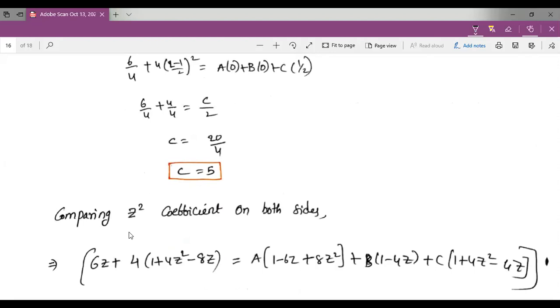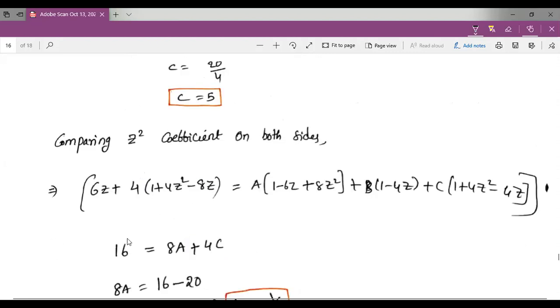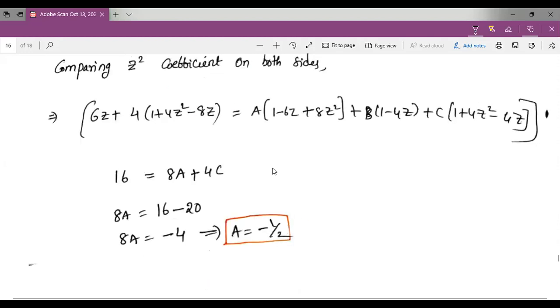For that we compare the z square coefficient on both sides. We get 16 is equal to 8a plus 4c. We know the value of c, so we substitute the c value: 16 minus 20. So a is equal to minus 1 by 2.